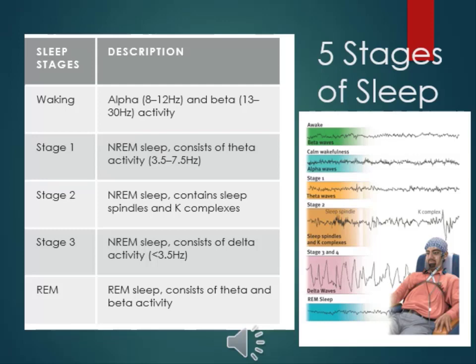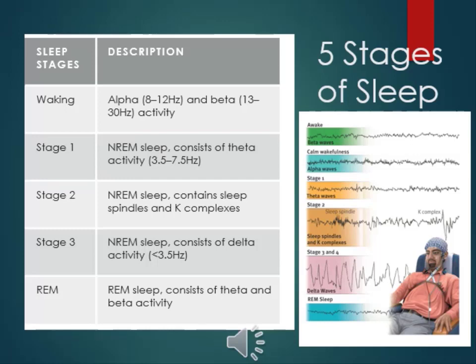So with waking, we have alpha between 8 and 12 hertz and beta between 13 and 30 hertz in terms of the characteristic signals. You would also expect some desynchronization as different brain areas are doing different things.